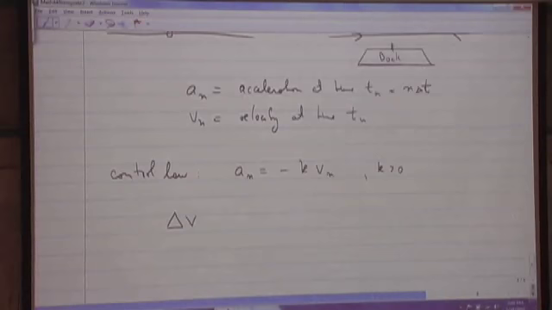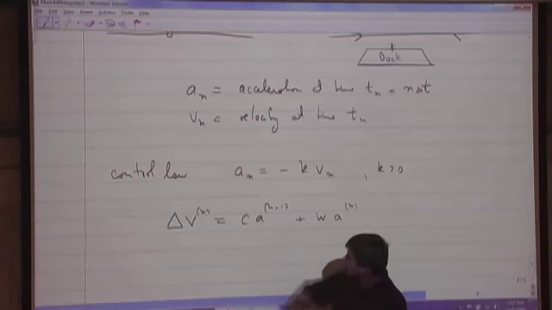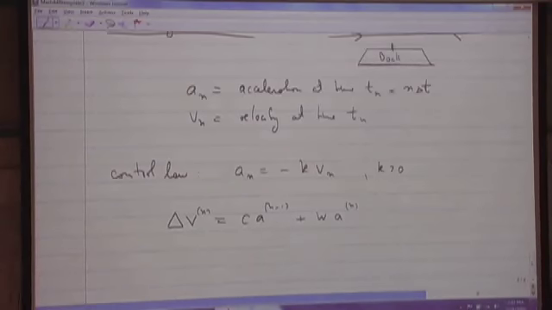So the law that comes out of this modeling is that the change in the velocity, from the previous velocity to the current velocity, is proportional to, so there are some constants here, the acceleration at the current time and the acceleration at the previous time.